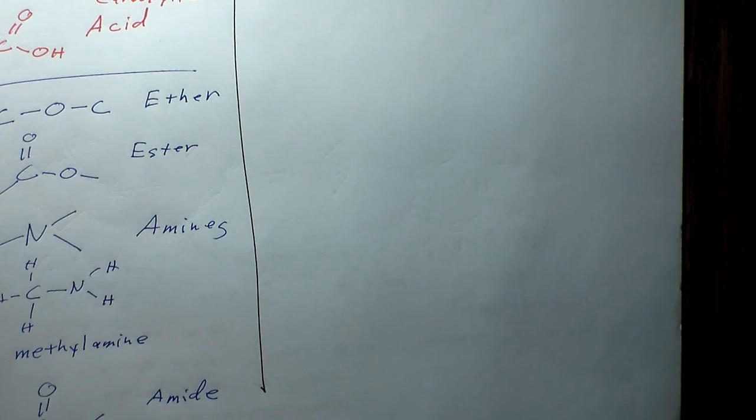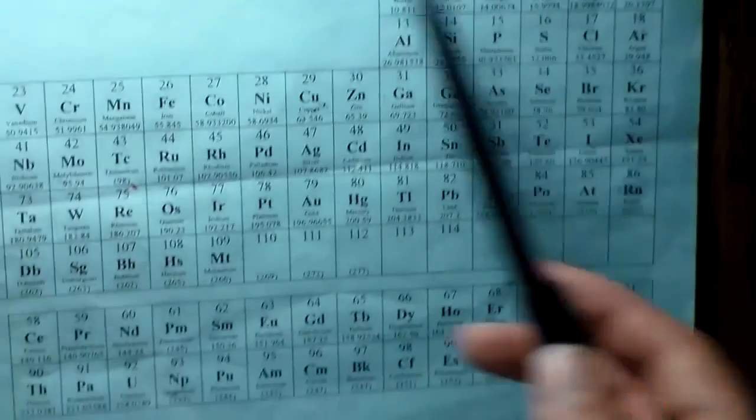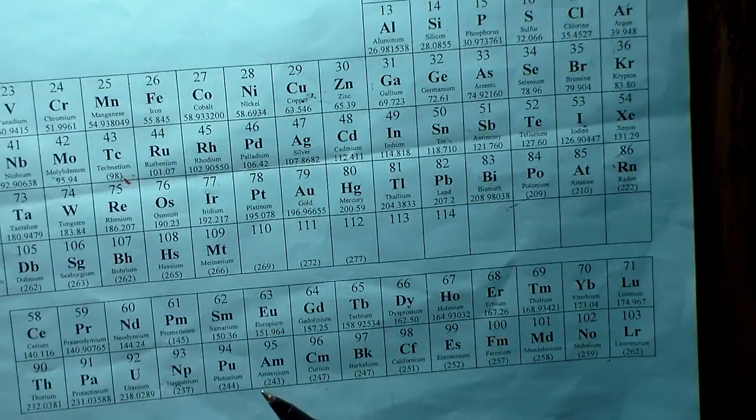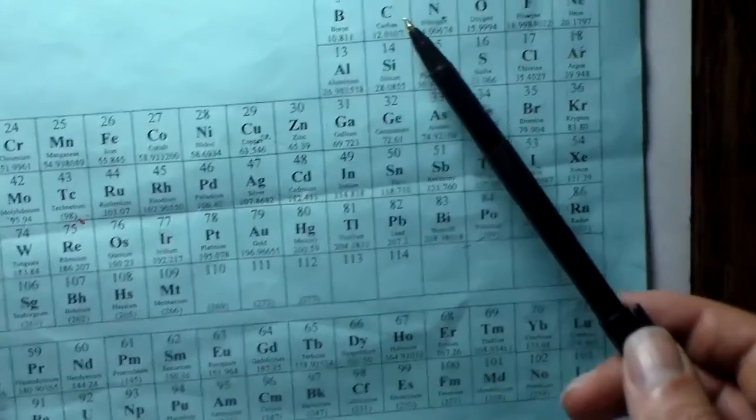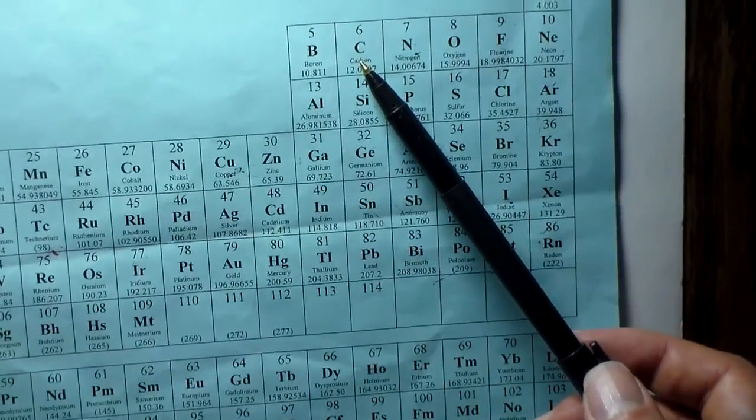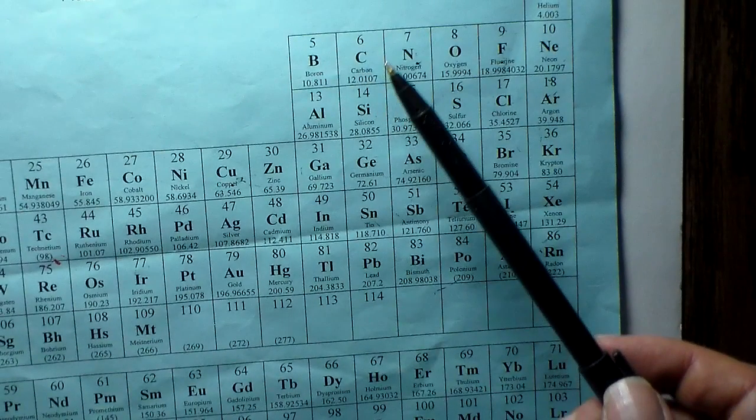The reason that you would take 2 semesters plus of organic chemistry if you are a chemistry major is because there are literally millions and millions of compounds. But if you look at the other 117 elements, the number of compounds that they make is far less than the number of organic compounds that are possible. And that's about all I want to say on organic chemistry.